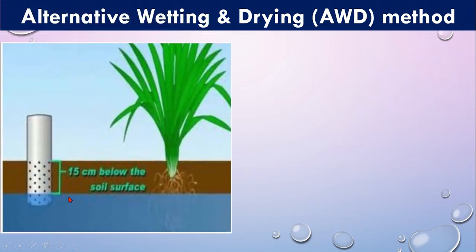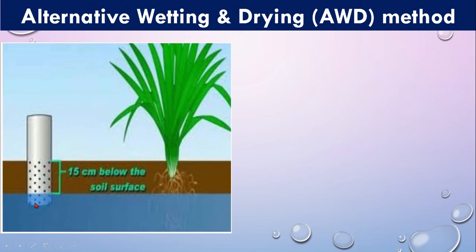So if you have a look at the first picture here, this is the rice plant, this is the water pipe. The top portion is 10 centimeter and the bottom is 20 centimeter, and here you have to apply the water 5 centimeter above the soil surface. But inside the pipe, you can see the water level underneath.